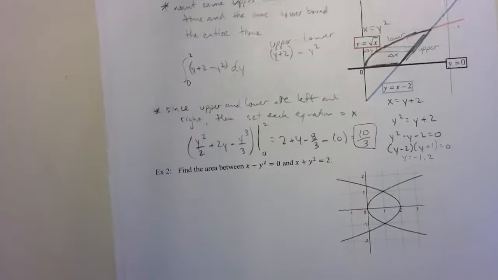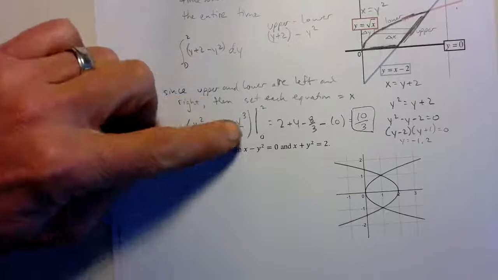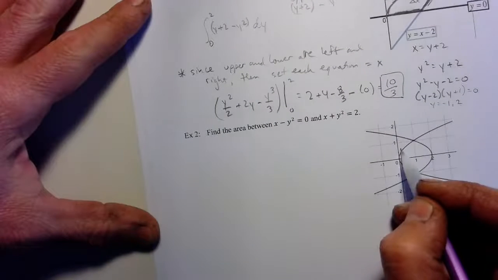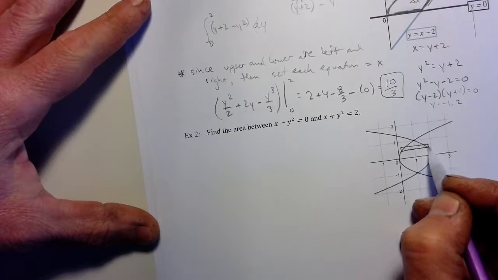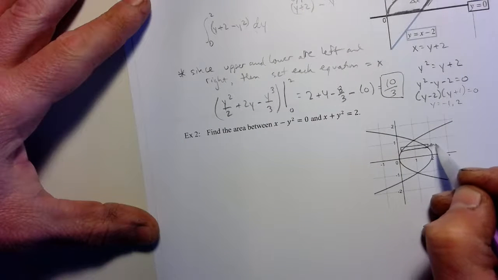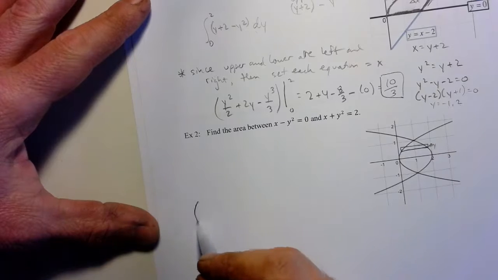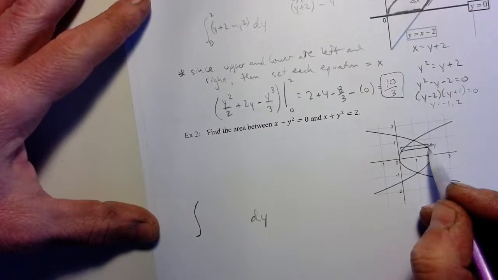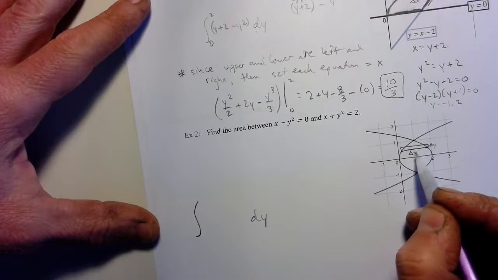Okay, take a look at this next one here. My rectangles are going to have to go side to side. You can see the thickness is y, which tells us where our integral needs to be in terms of y, because that thickness is y. And then the height of each rectangle is the change in x.